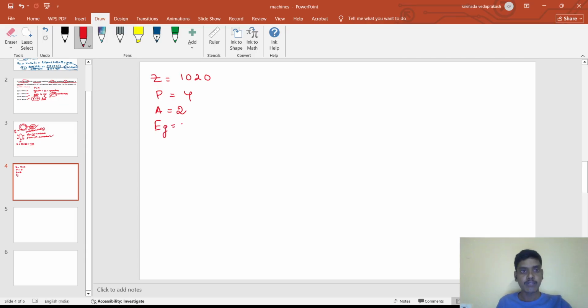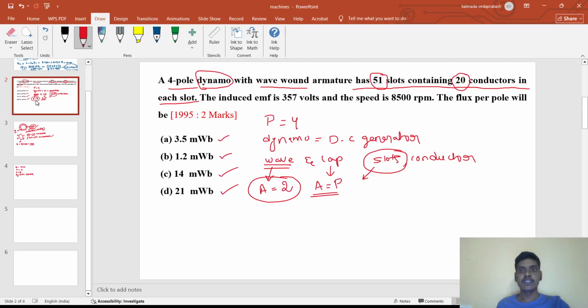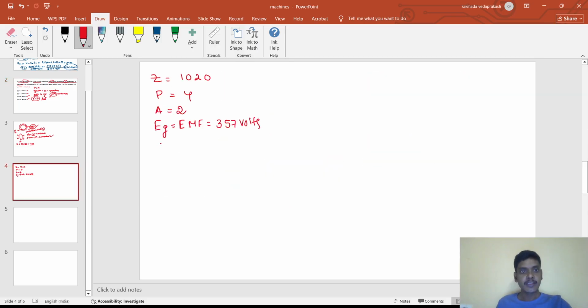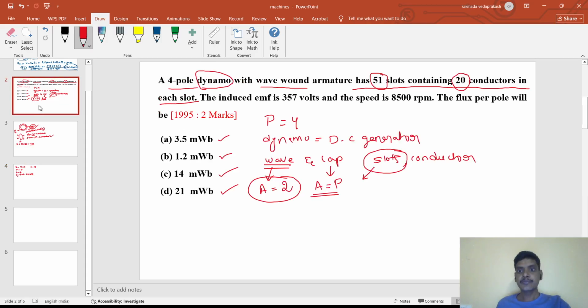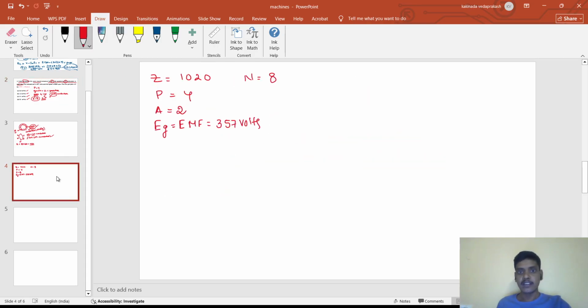The output of the dynamo is 357 volts and the speed is 8500 rpm. The speed is indicated with N, equal to 8500 revolutions per minute. So this is the data they have provided.